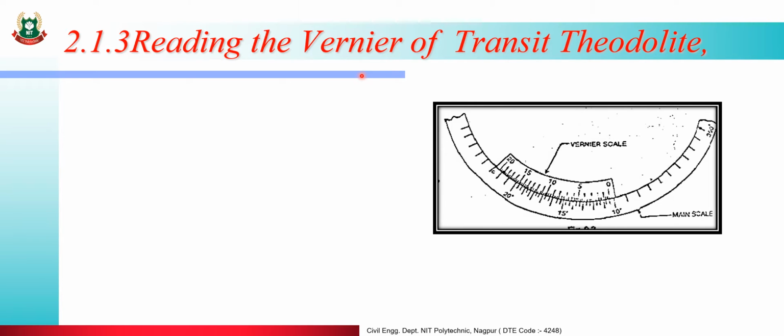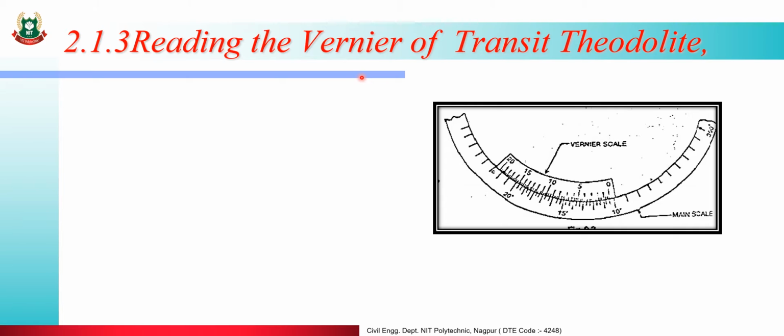Dear students, we already discussed the component parts of the transit theodolite, and there are two plates, a horizontal plate and a vertical plate. On the horizontal plate we measure the horizontal angle, and on the vertical plate or vertical circle we measure the vertical angle.